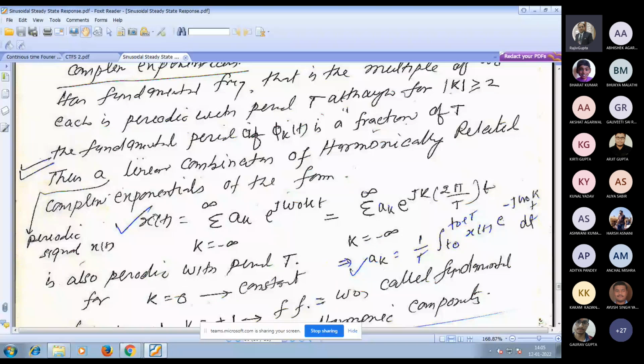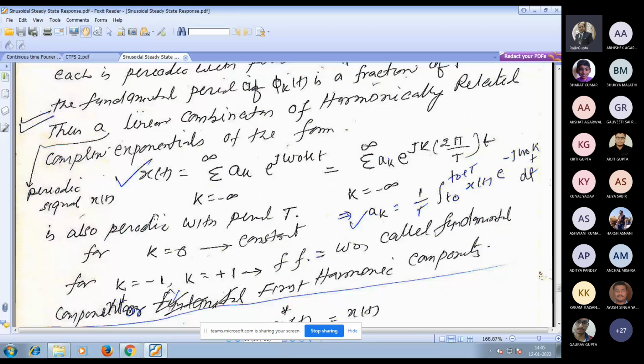So x(t) equals the summation from k equals minus infinity to infinity of a_k e^(j omega naught k t), where a_k is the kth Fourier series coefficient and omega naught k is the frequency of the kth component associated with a_k.